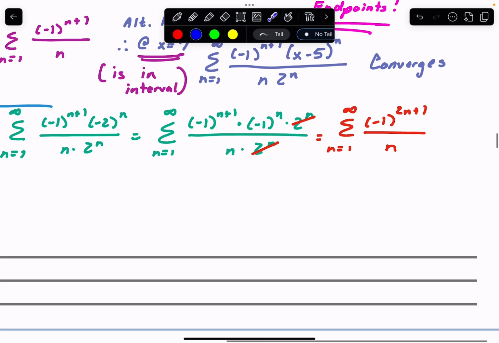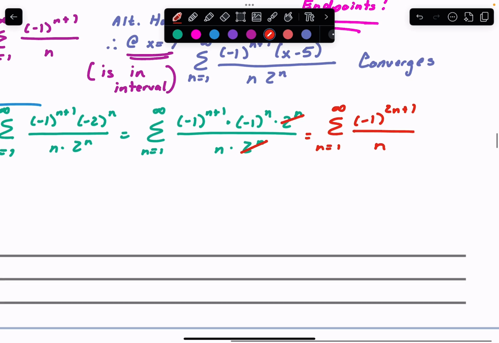And when you start plugging in a 1 here, right, so this is going to be negative 1 cubed. Okay, then negative 1 to the 5th, and negative 1 to the 7th. So it's always negative. It's actually no longer alternating, which is kind of interesting because it is the negative of the harmonic series. And the negative doesn't impact this at all.